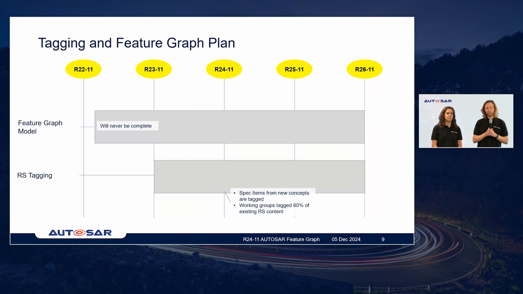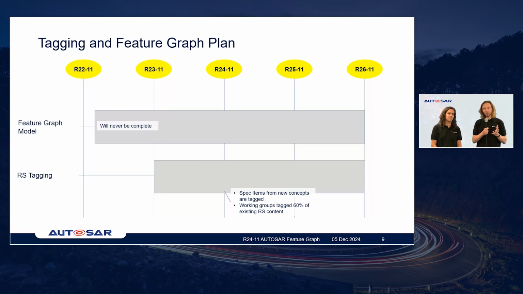The other thing is then the tagging. We have new concepts coming up. There we already implemented something to remind the teams: what feature does it actually support? Or is it a new feature? And where should we basically place it in the feature graph? The other thing is the current specification and also the requirements documents we have.